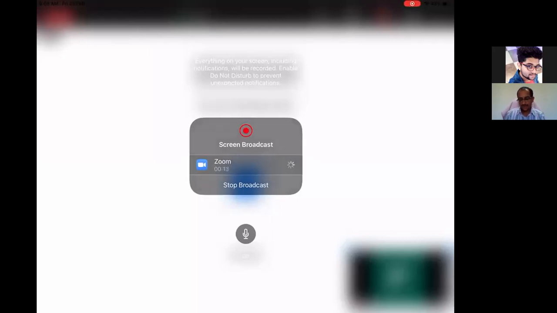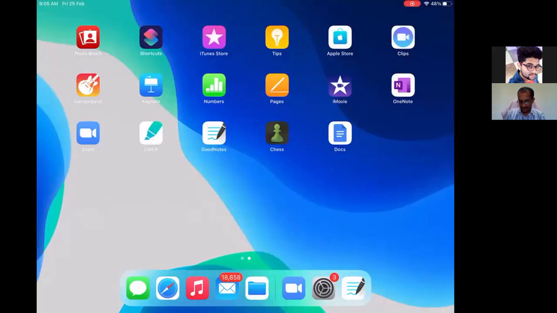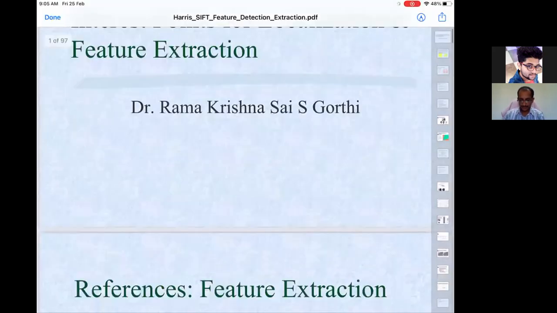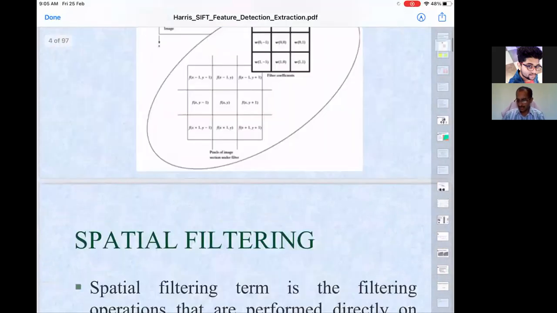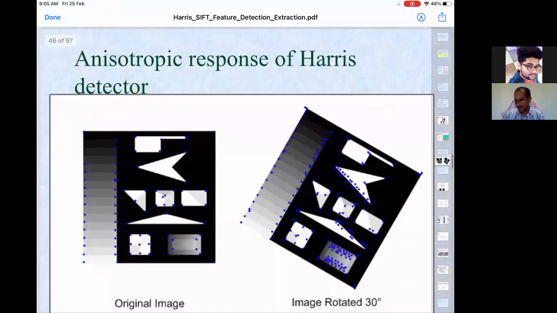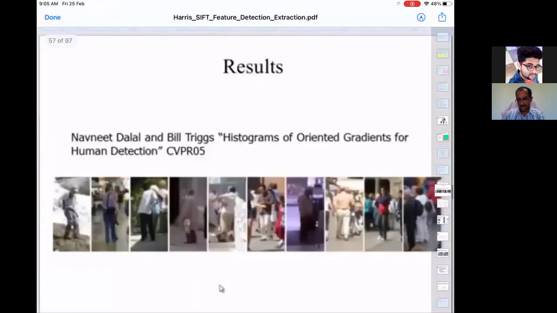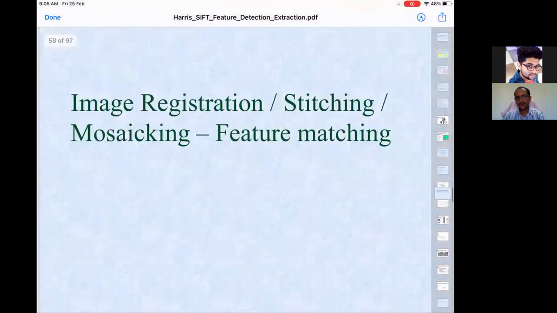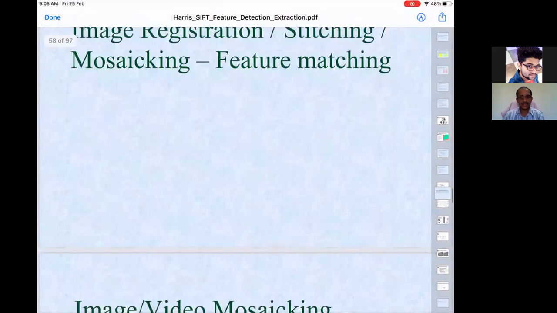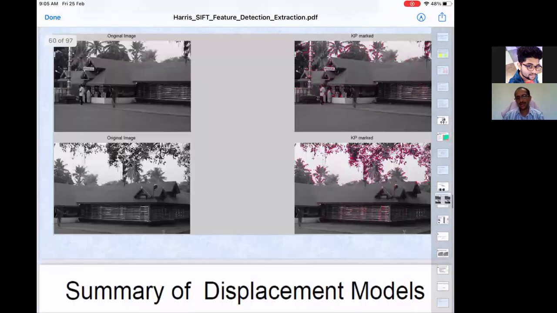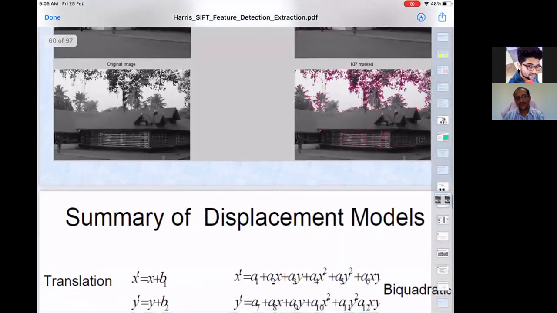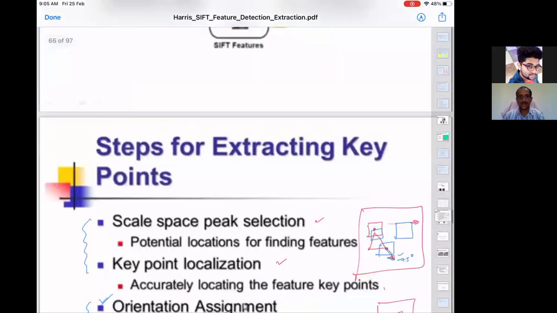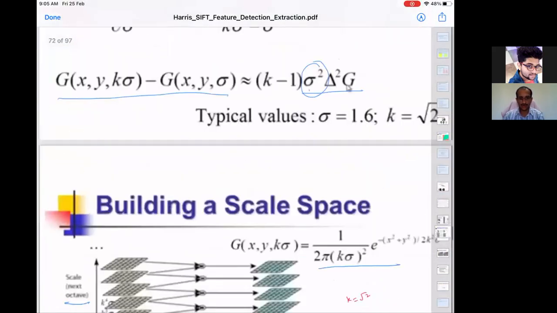Right. So we were discussing the scale invariant feature transform. We have seen how to detect the key points in the scale invariant feature transform which are robust or stable across scales, and also how to eliminate the key points which are not easy to match or distinguishable from the neighborhood, such as edge points, outlier points, or weak key points, and so on.